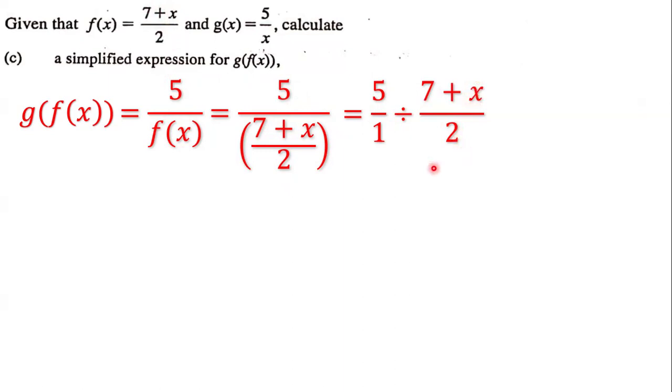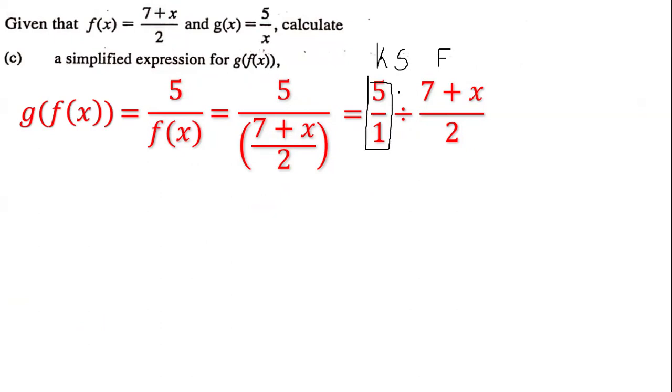Because we have two fractions, we have to use this acronym, which is KSF. KSF stands for keep, switch, and flip. We're going to keep this fraction, we're not going to change it.